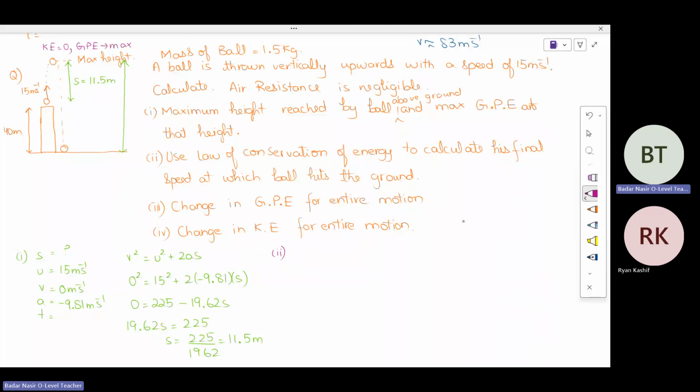And when it reaches the ground, the kinetic energy will be maximum, but the gravitational potential energy will become zero. So since the air resistance is negligible, can I say that change in gravitational potential energy will be equal to the change in kinetic energy?